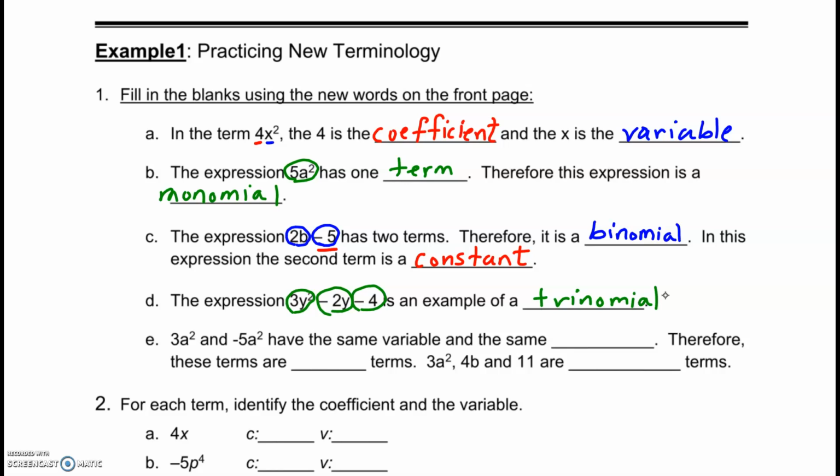Okay, and our last one, it says 3a squared and negative 5a squared have the same variable and the same, if we look, they have the same exponent. Therefore, these terms are like terms. 3a squared, 4b, and 11 are unlike terms.